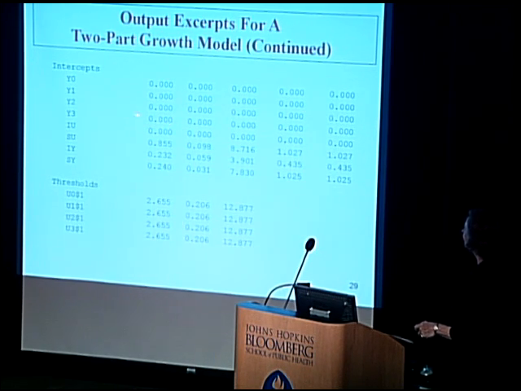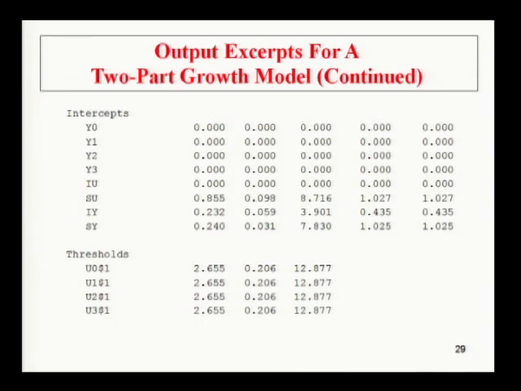And for that part, the y part, we have IY and SY being estimated, the means, or the intercepts rather. But for the binary part, the thresholds are instead held equal, and only the slope intercept is estimated. The binary intercept is fixed at 0, as we see here.